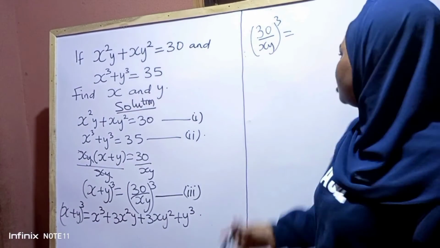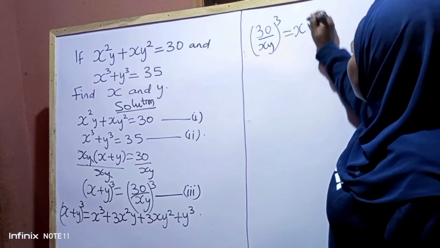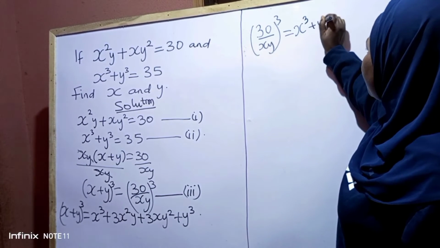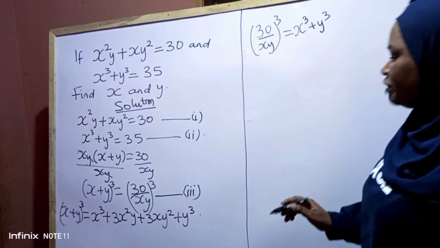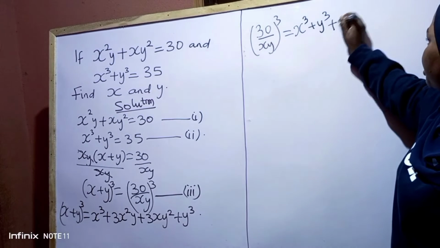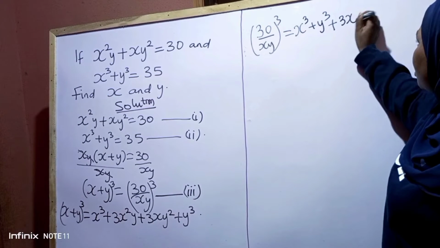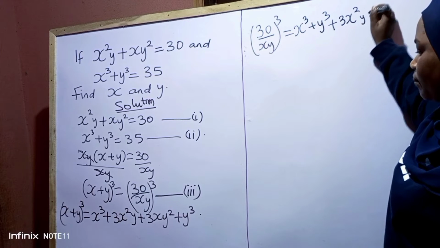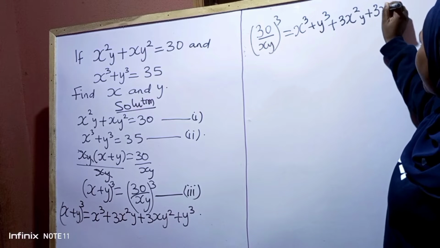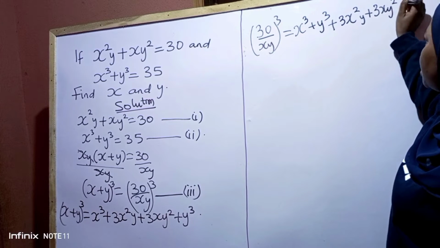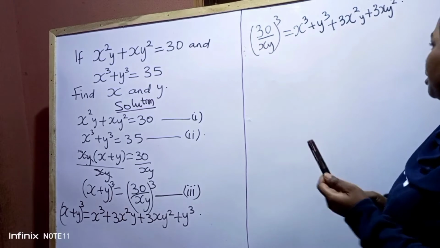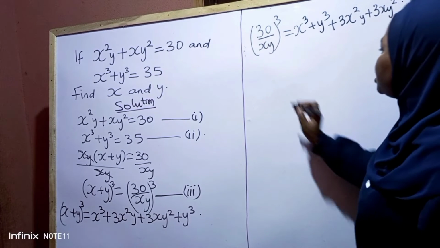Let's take them together. So we have x cubed plus y cubed, then we are left with plus 3x squared y plus 3xy squared.